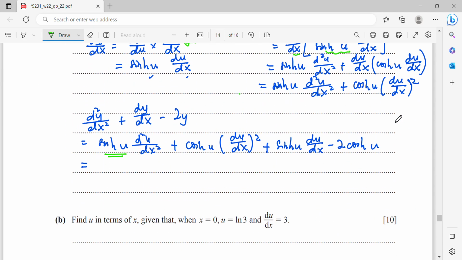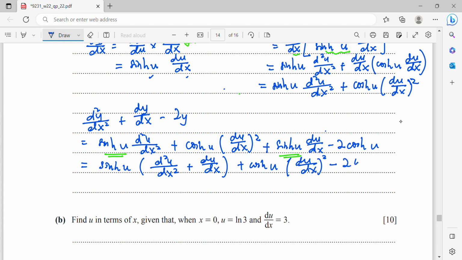So I need to group these two terms, which is the sin u. So I will group them first. Then I will write d²u/dx² plus du/dx. First and third term already simplified. Then we write the second term, which is cos u (du/dx)², followed by minus 2 cos u.